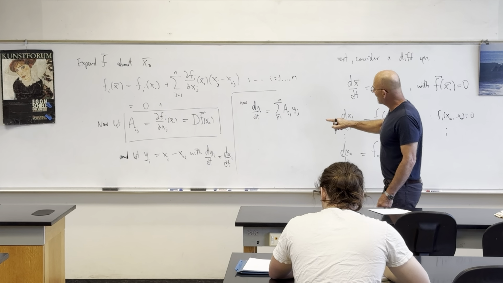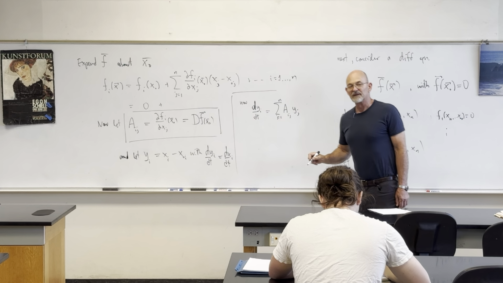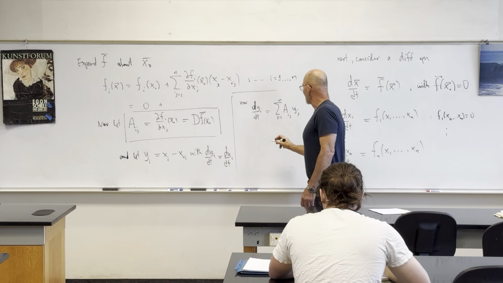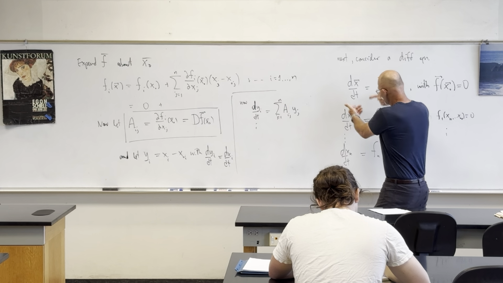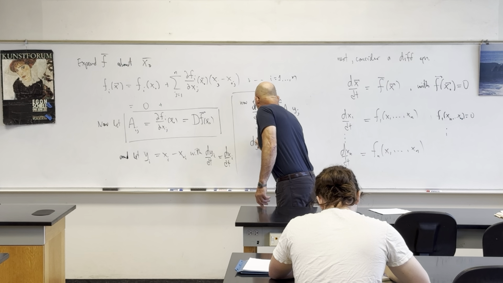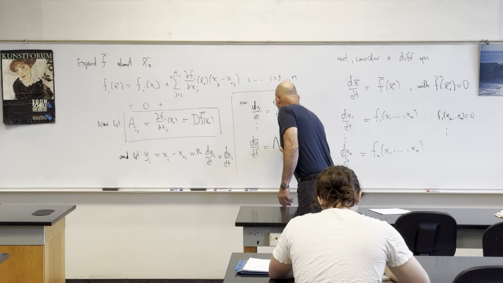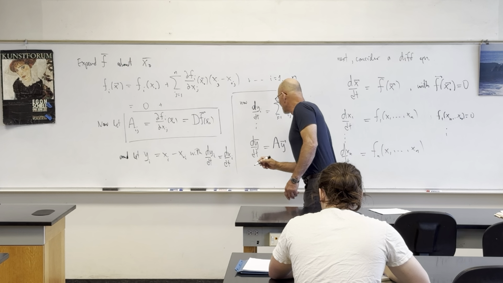And since a sub ij here is that square matrix of first derivatives, the Jacobian, and i goes from 1 to n, we could also say we now have a differential equation, matrix times vector.